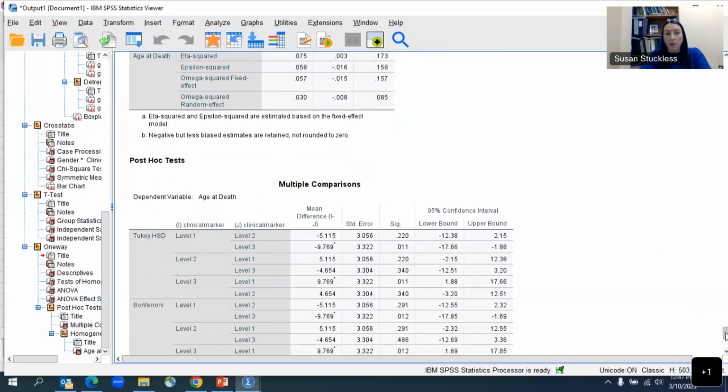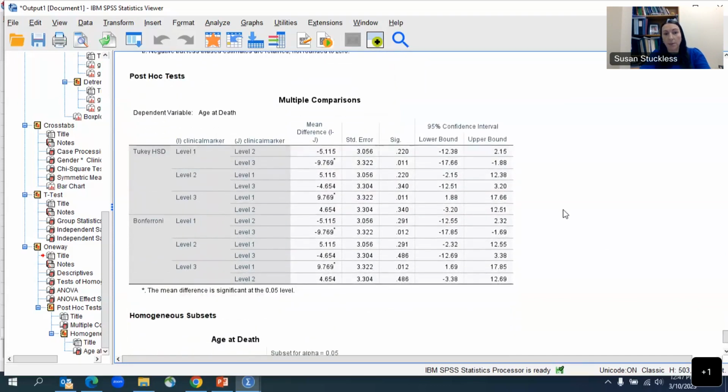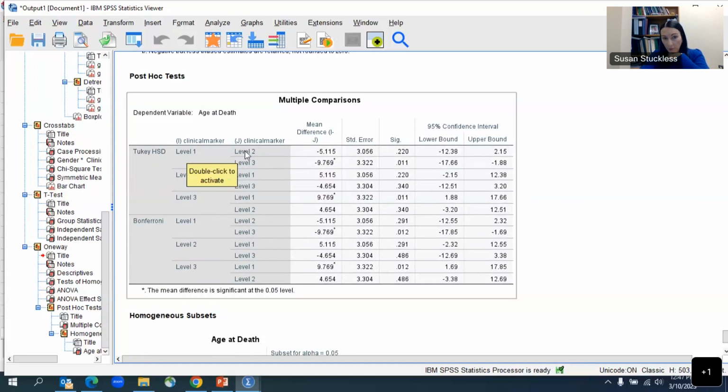Now this is where I'd mentioned within categories. This is where the post-hoc test comes in, and I'm just going to use the Tukey's part of this table. We have level 1 versus level 2, and if we scroll across, we find a significance of 0.220, which is above 0.05. So there's actually not a significant difference in mean age at death between level 1 and level 2.